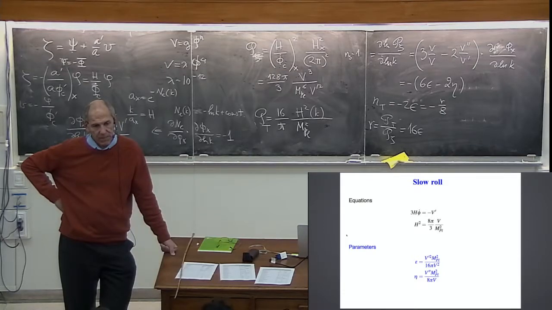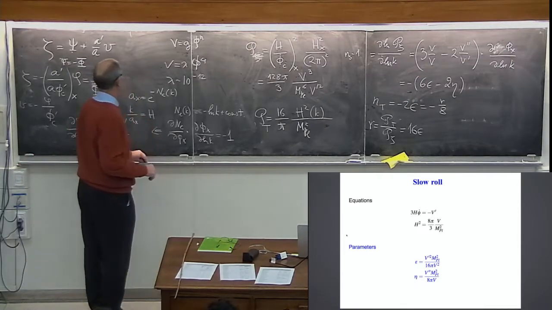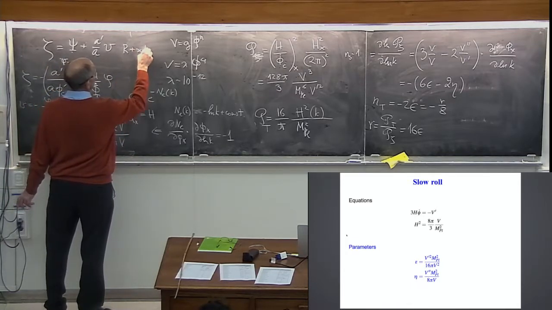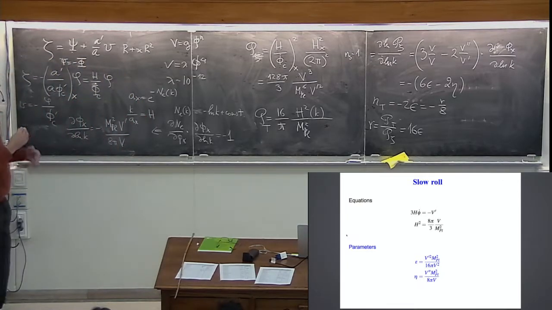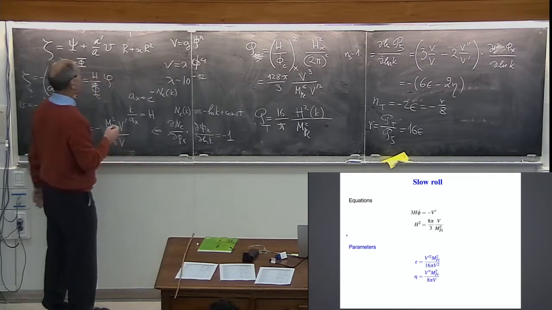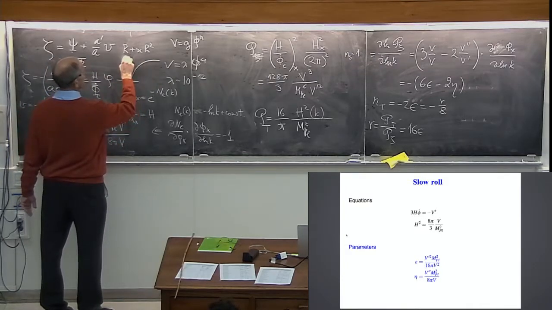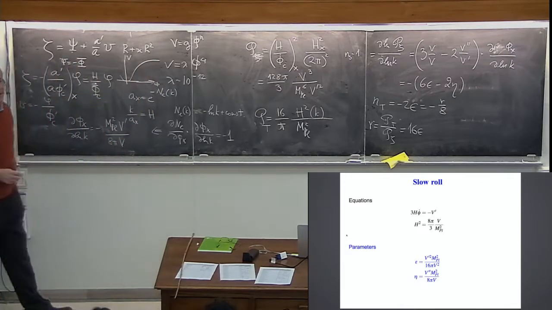One of Starobinsky's models is called f of R. The original Starobinsky model has to do with R plus R squared, and indeed by doing a Weyl transformation you can translate it into a scalar field with a potential which is quite different from a power law. It's like this: V as a function of phi, a quite exotic expression.